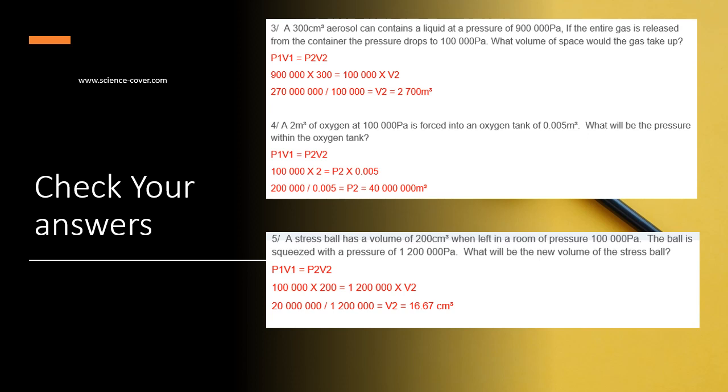And then after, the pressure drops to 100,000, and we can leave V2 in the equation because that's what we're trying to find. So V2 must be equal to 900,000 times 300 divided by 100,000, which equals 270 million divided by 100,000, so that's 2,700 meters cubed.